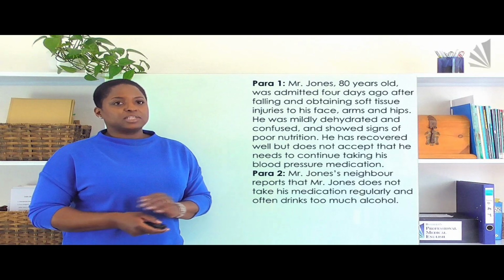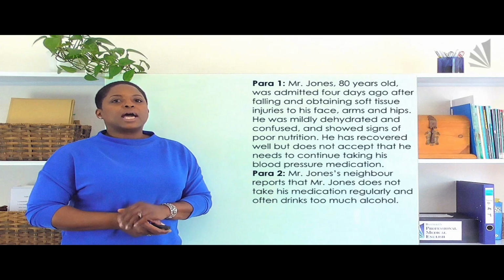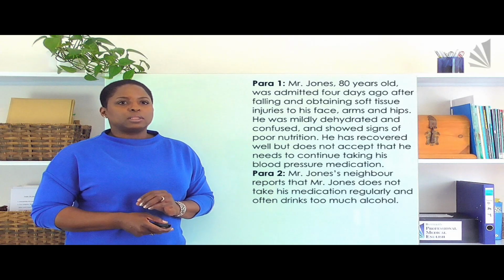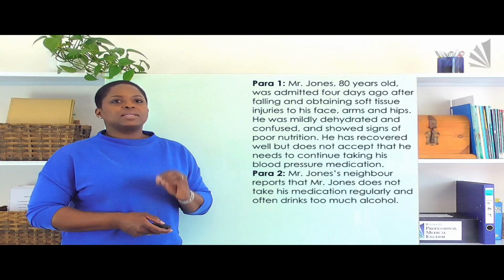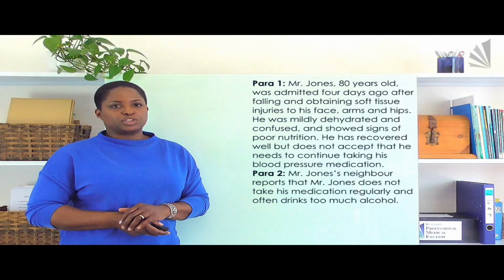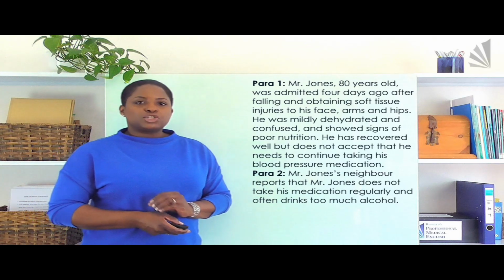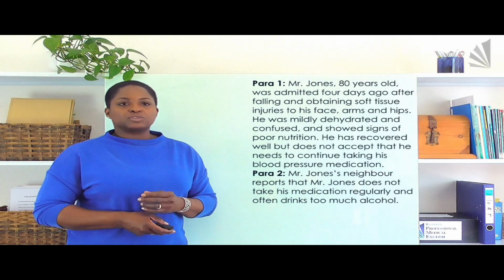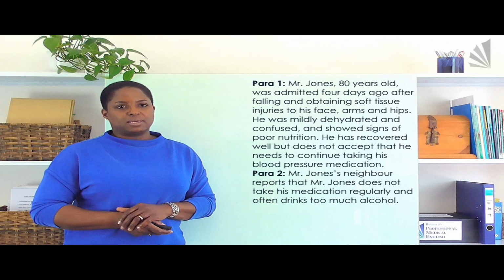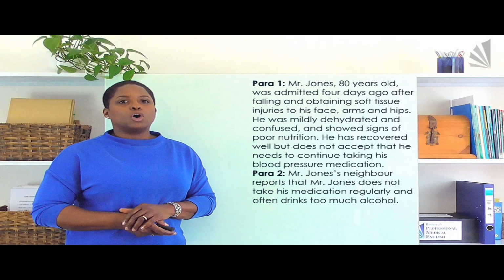He was mildly dehydrated and confused and showed signs of poor nutrition. He recovered well, but does not accept that he needs to continue taking his blood pressure medication. Mr. Jones' neighbor has reported, in fact, that Mr. Jones does not take his medication regularly and often drinks too much alcohol.